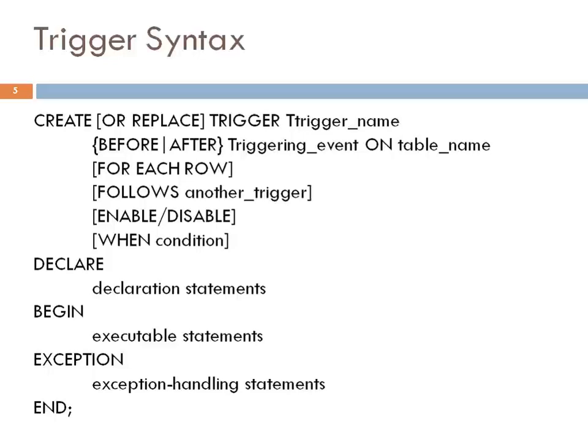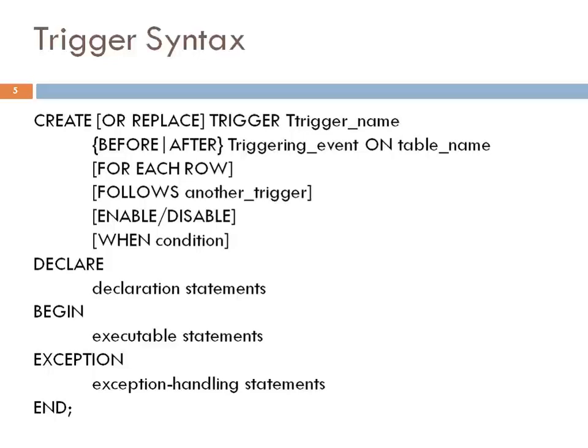Suppose you update a table and you want to update a column on the basis of the salary of the employees, and whoever is getting a salary of more than 15,000, for them you want to execute this trigger, then you have to give that condition in when.